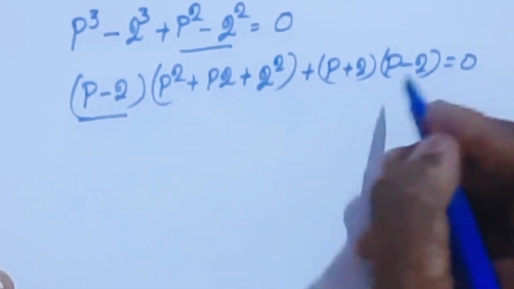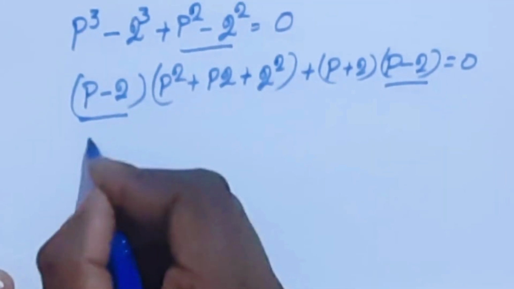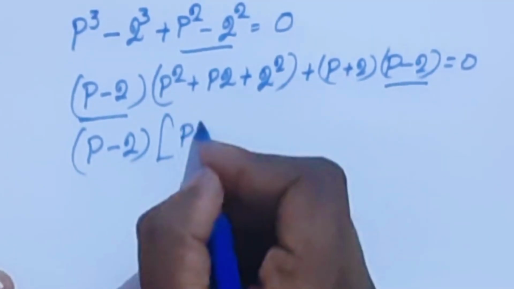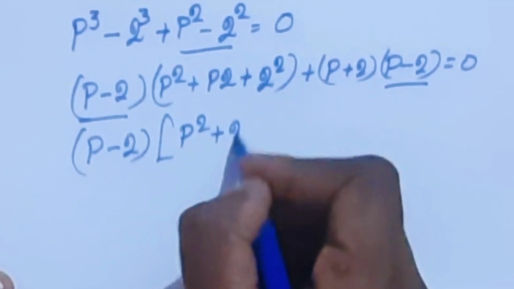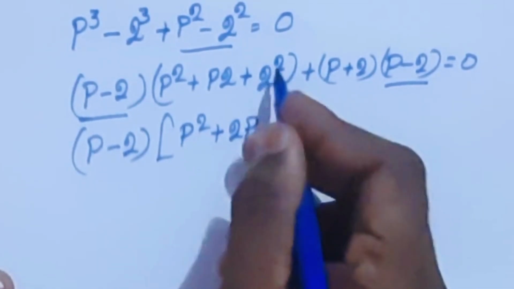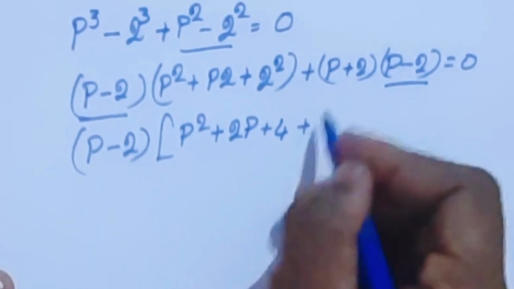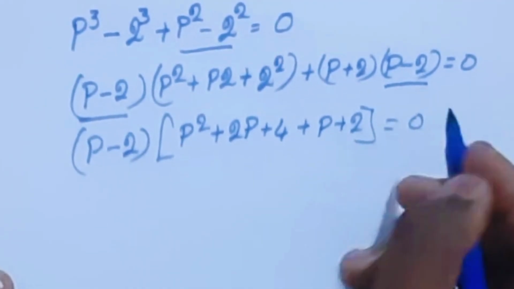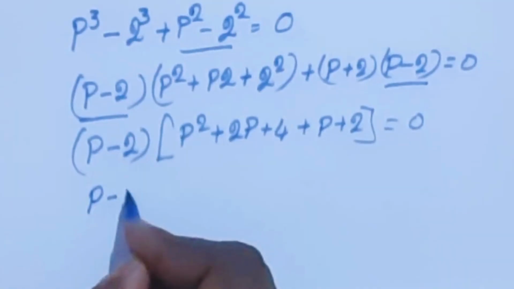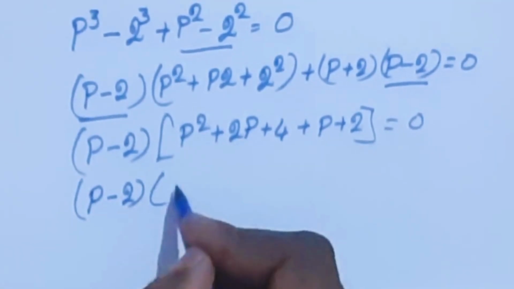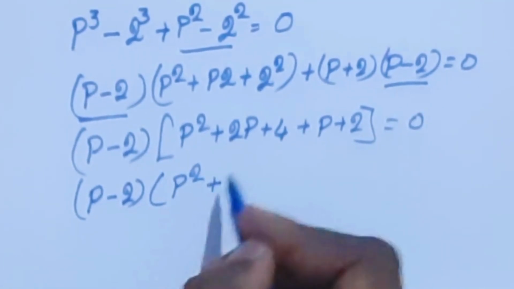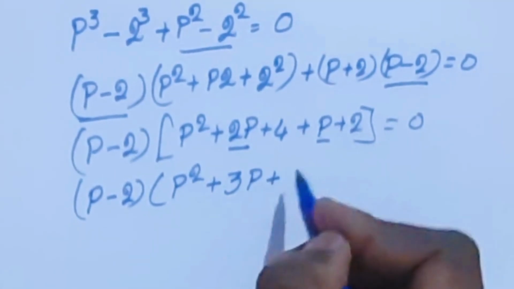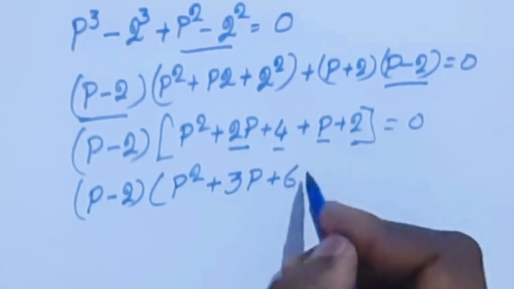Here p minus 2 common out, so p minus 2. Now what is remaining is p square plus 2p plus 2 power 2 is 4, plus this p plus 2 equal to 0. Now p minus 2 times p square plus this and this is 3p plus this and this is 6 equal to 0.